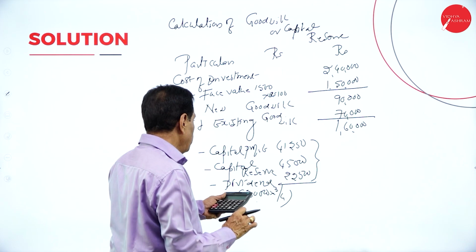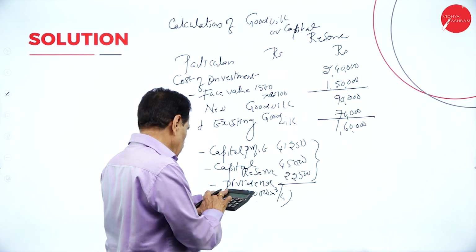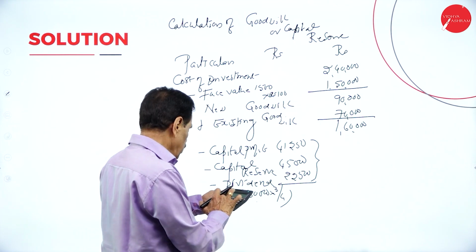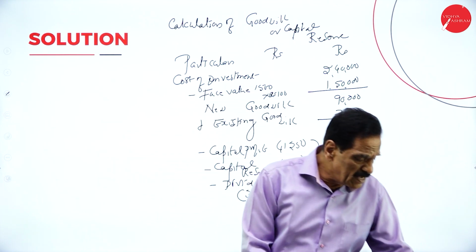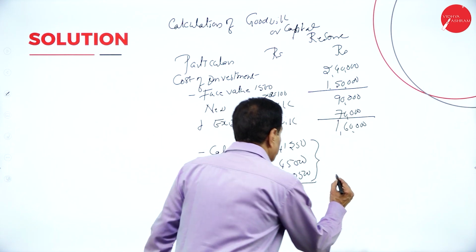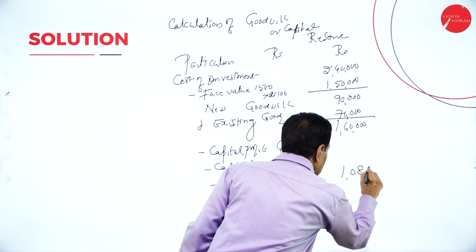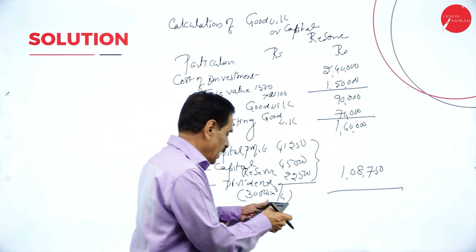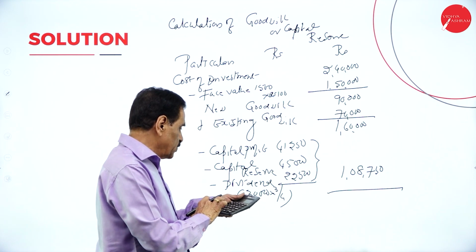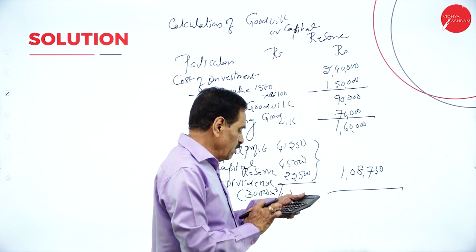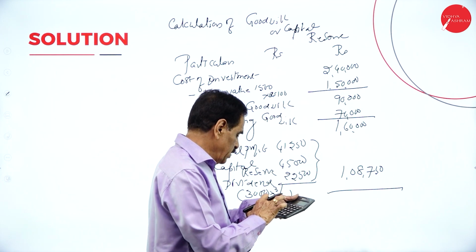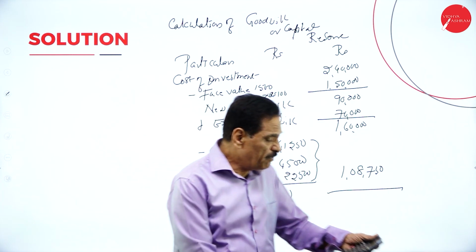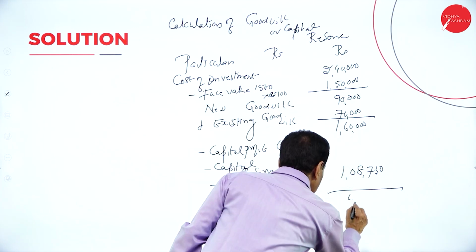Add 22,500 plus 45,000 plus 41,250, that is 1,08,750. Deduct from 1,60,000: 160 followed by 30 minus 108,750 is equal to 51,250.